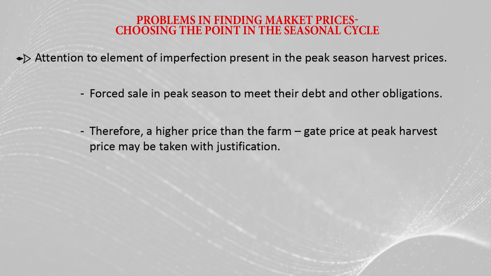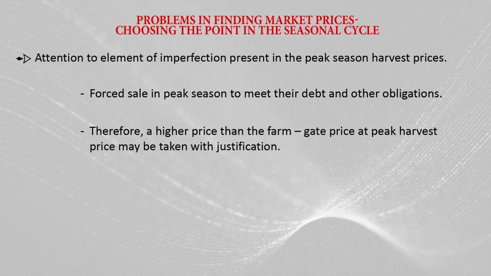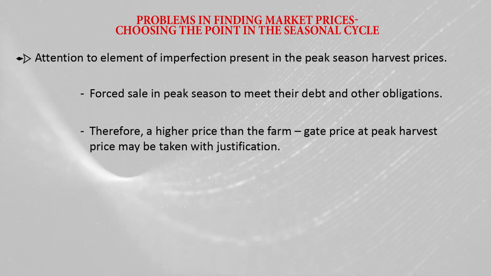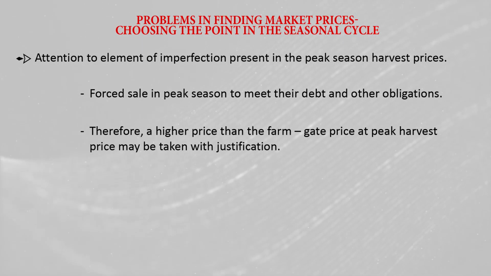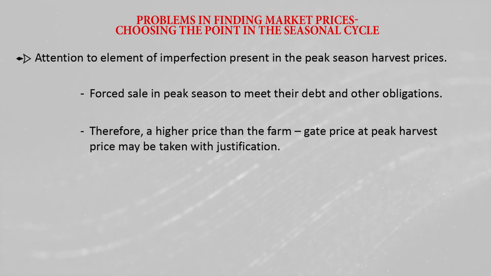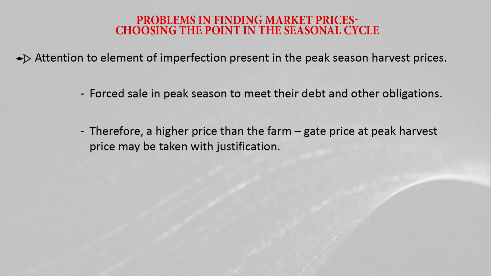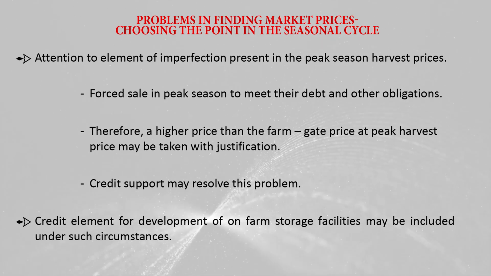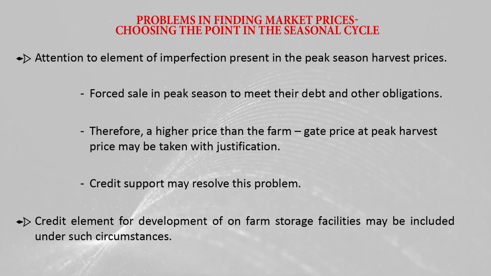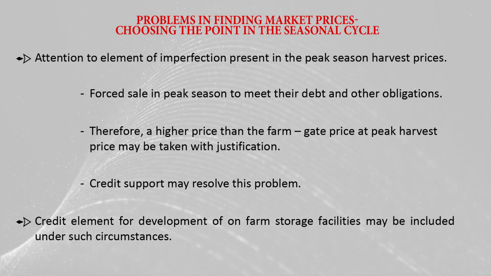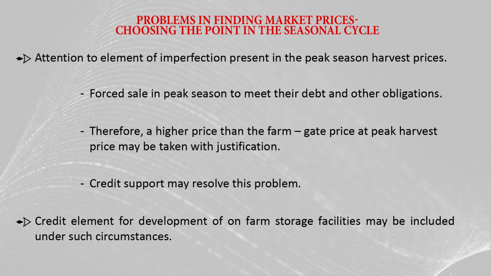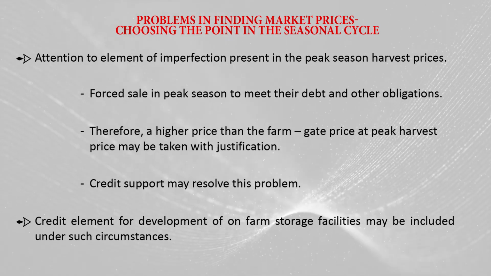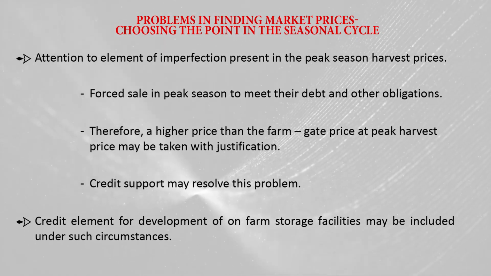If there are forced sales of the produce in the peak season, we can use a little higher price while calculating the project input and output and the cost and benefit of the project. And here the credit element can help us resolve this problem. We need to make provision for the development of farm storage facilities. Under such conditions, we may make some provision for the credit element for the development of farm storage facility.